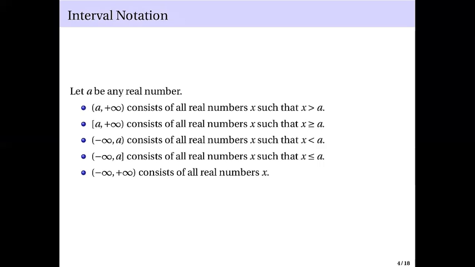It's a representation of a very, very large number, and we don't know what it is. If you think of any number, plus infinity is way larger than that. So these are called interval notations.